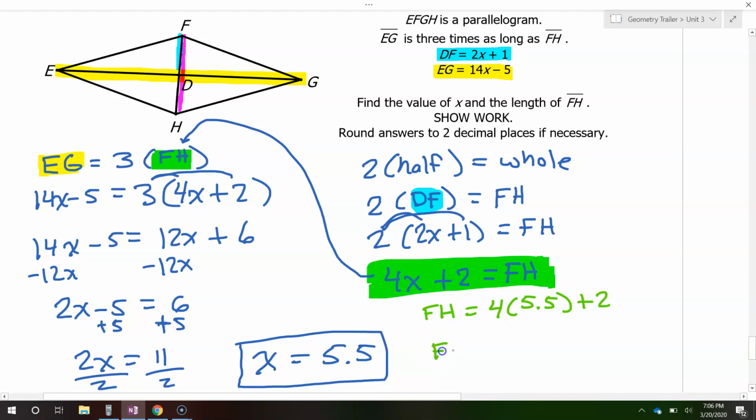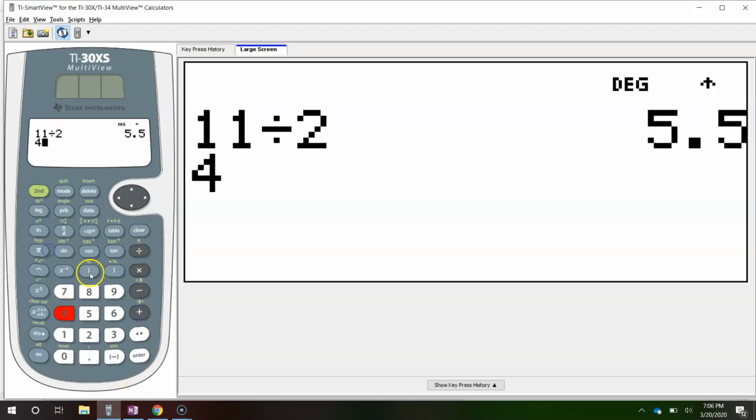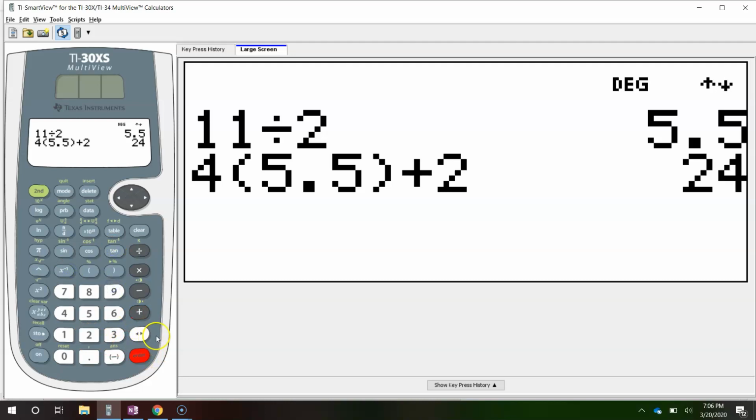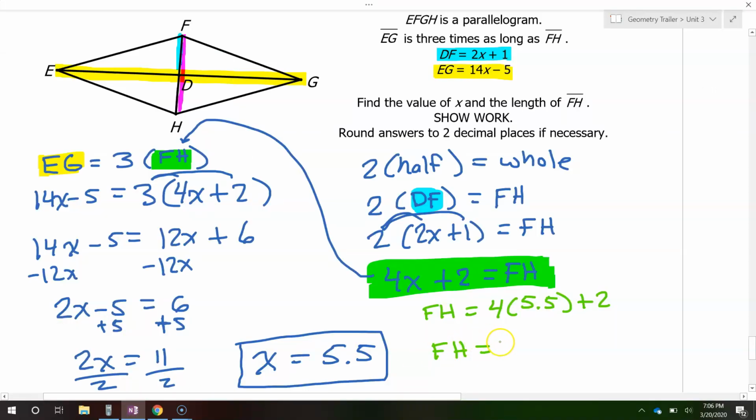So that tells me that FH should equal 24. So these are the two answers that you should have come up with.